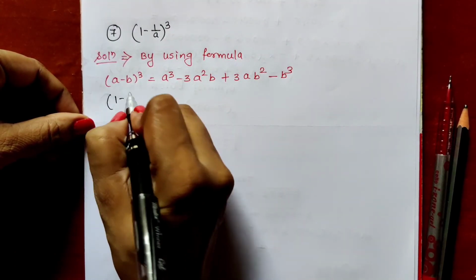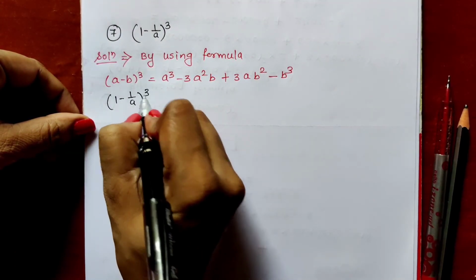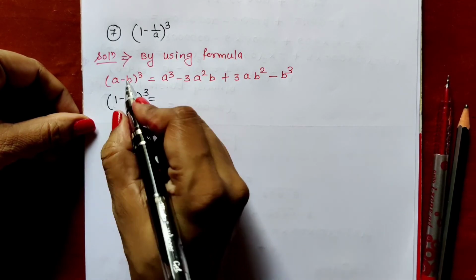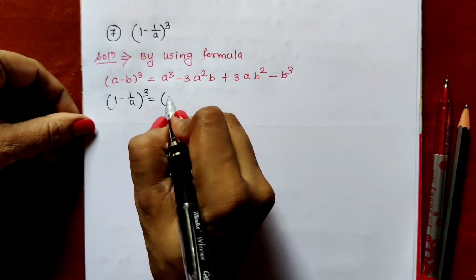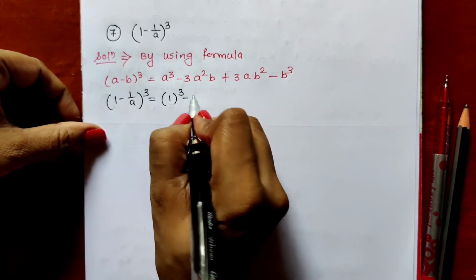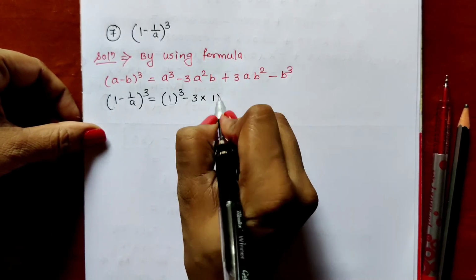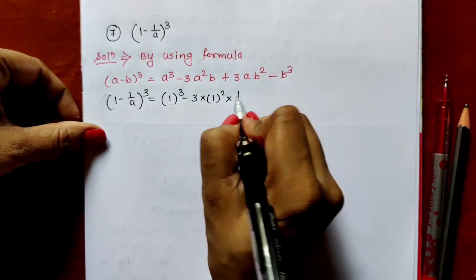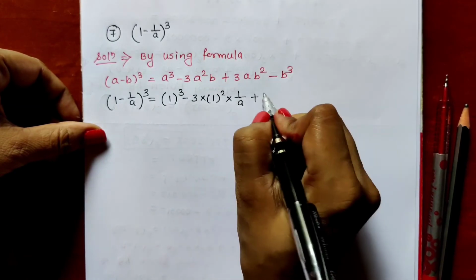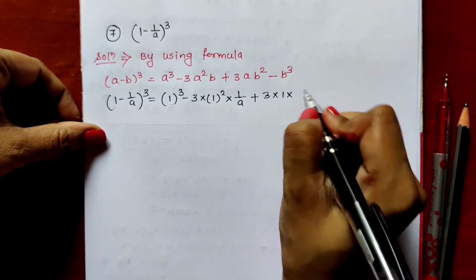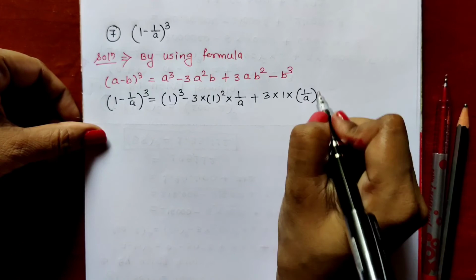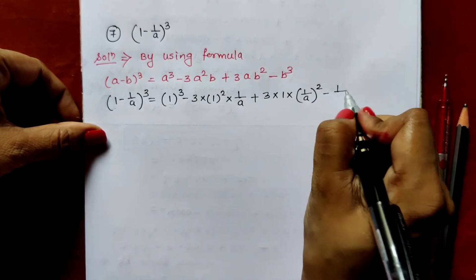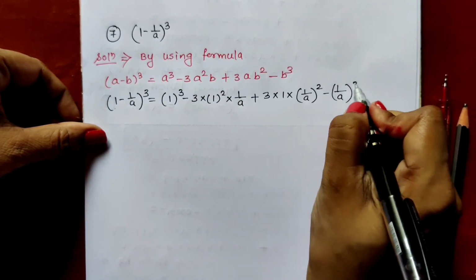Our sum is 1 minus 1 upon a whole cube. Here a is 1, b is 1 upon a. So in place of a write 1 cube minus 3 into 1 square into 1 upon a plus 3 into 1 into 1 upon a square minus 1 upon a cube.